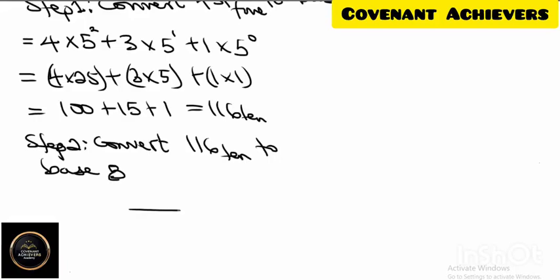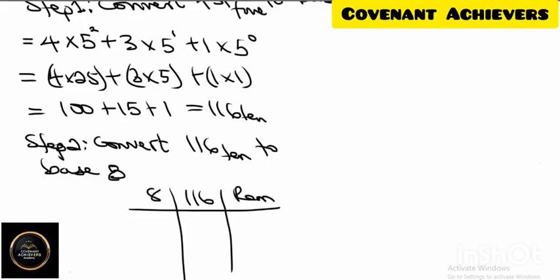So that means we are going to use 8. 8 goes in 116, that's 14, then remainder 4. 8 into 14, that's going to be 1 remainder 6, and 8 into 1, that's going to be 0 remainder 1, and that is the number tracked up.